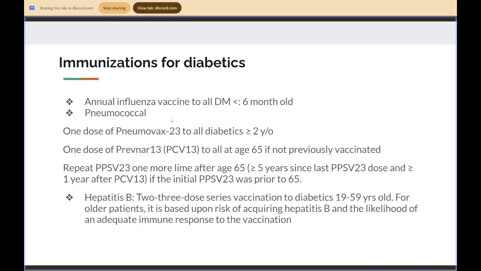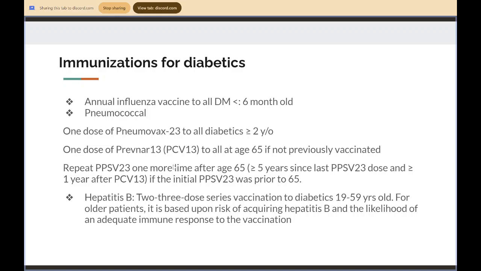All right. Next, we have immunizations for diabetics. All diabetics that are greater than 6 months old get the annual flu vaccine. Pneumococcal as well to all diabetics that are greater than 2 years old. Pneumovax 23, they get one dose.